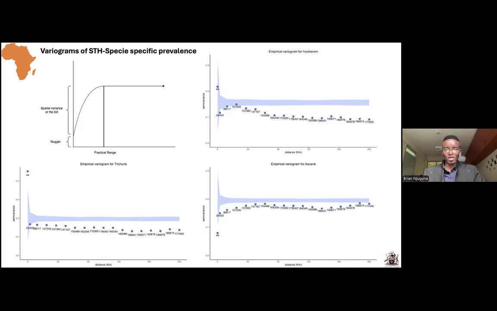We investigate whether our data exhibit this spatial structure. So how you do that is, for us here, we fitted a normal generalized linear model to our data.